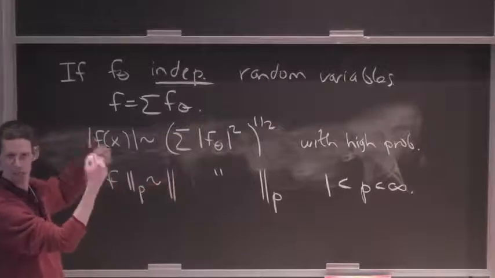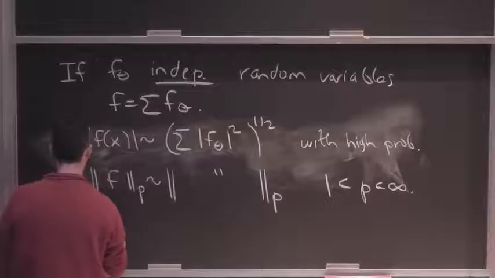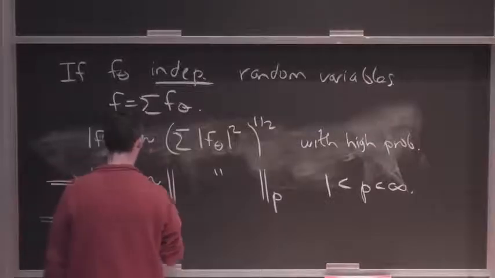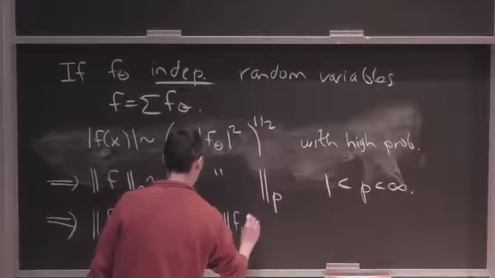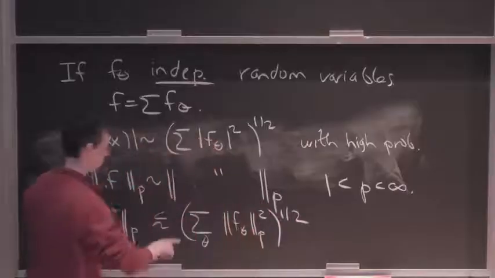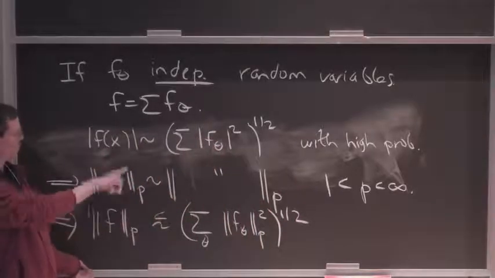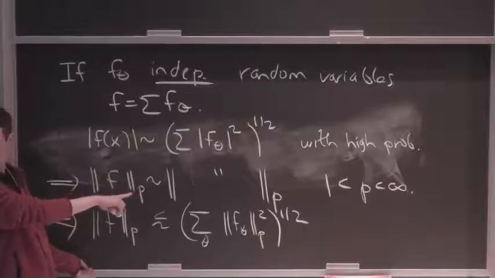It's an exercise with Minkowski's inequality and stuff like that to see that that in turn implies that the L^p norm of f is smaller than the square root of the sum of the squares of the L^p norms. So this quasi-randomness is stronger than, and implies, a decoupling inequality for all the different p's.